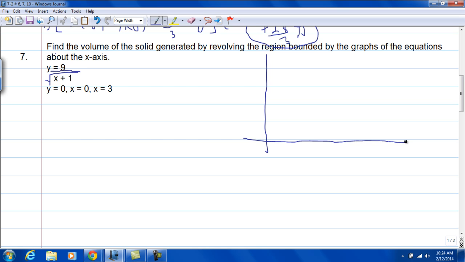So we have a curve. Now if x was 0 for this y equals 9 over the square root of x plus 1, we have 9 over the square root of 0 plus 1, which is 1, so it goes to 9. So I'm just going to call this 9 right here, and it'll curve down.